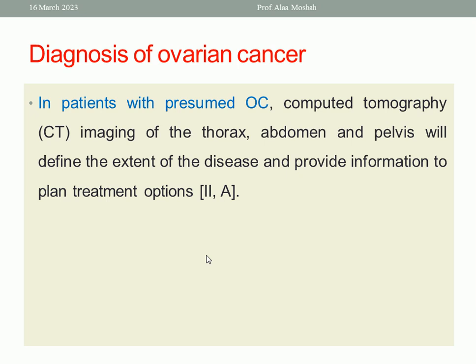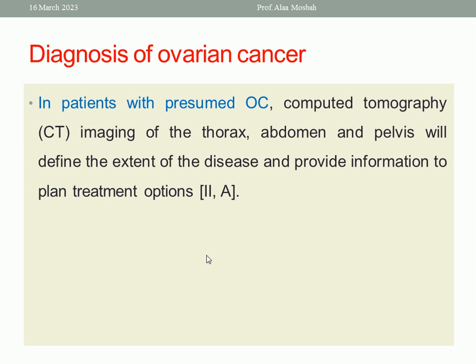Also, second step is to do transvaginal ultrasound and abdominal ultrasound to diagnose the ovarian mass, if it's cystic or solid, and the criteria of malignancy in the mass. Then what is next after ultrasound is to ask for lab investigation, tumor marker, like CA125, because it is the most important in epithelial ovarian cancer.